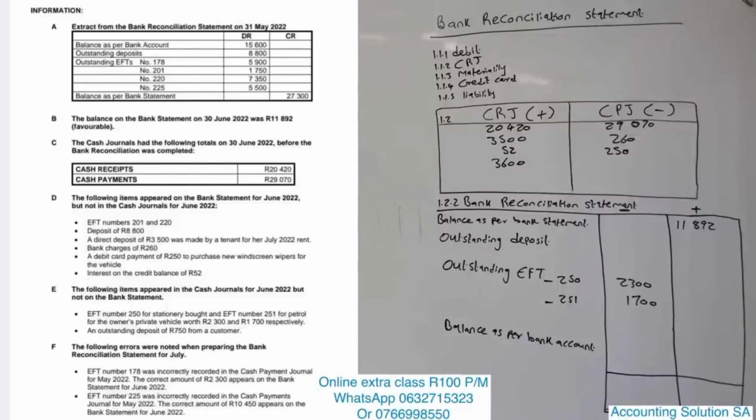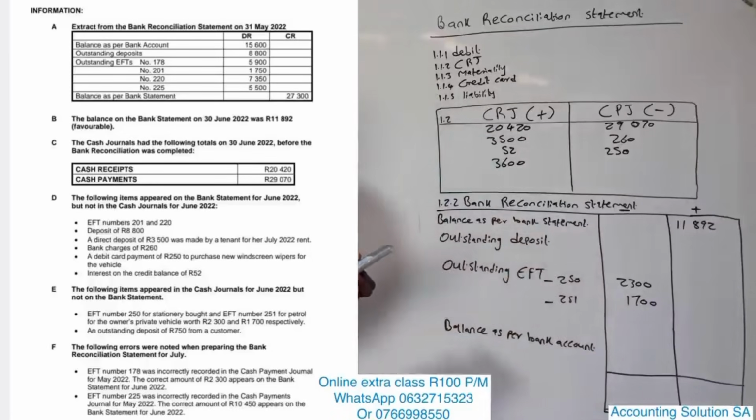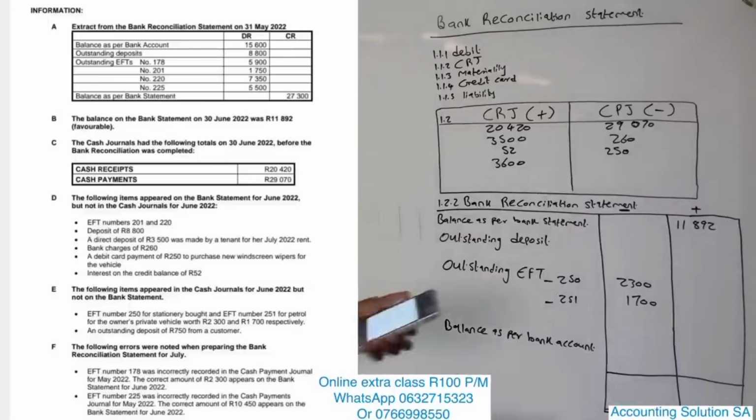Okay, guys, now let's check this again. EFT number 225 was incorrectly recorded in the cash payment journal for May 2022, and the correct amount was 10,420. Here mistakes are made in our books. So let's take check number 225. It was 5,500.